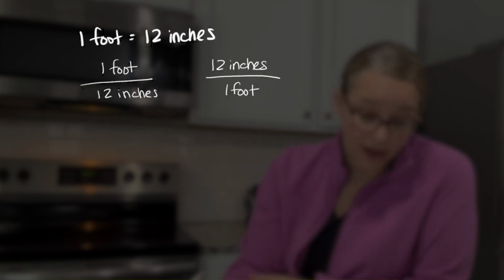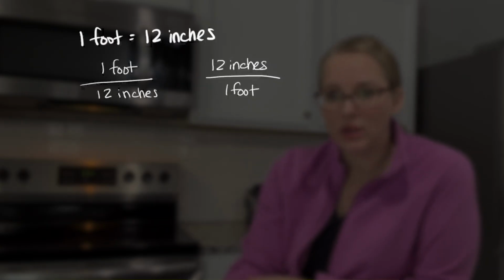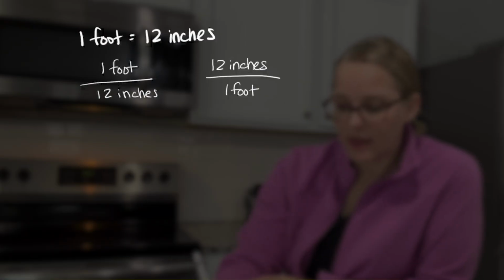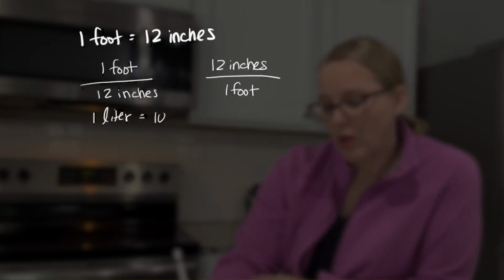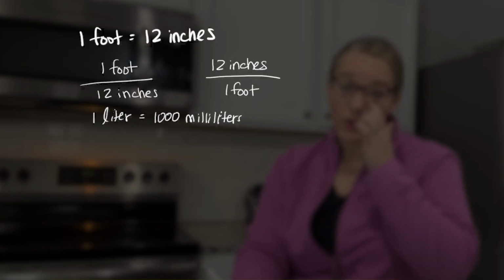So I want you to tell me, if I wanted to go from 1 liter to 1,000 milliliters, how would I write that conversion factor? So I'll write it down for you. 1 liter equals 1,000 milliliters. How would I write a conversion factor for that?